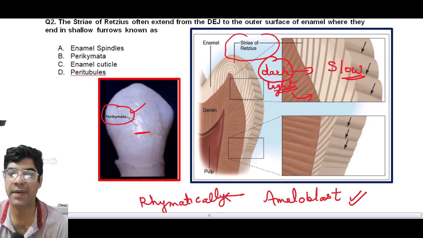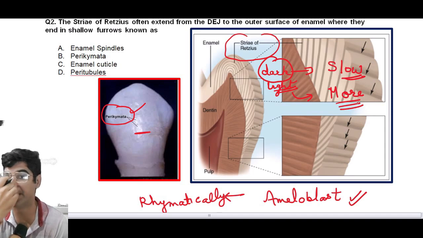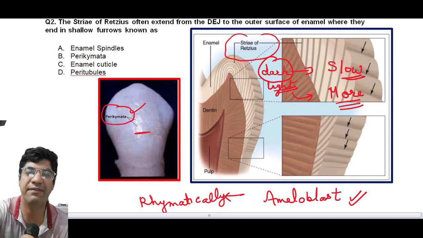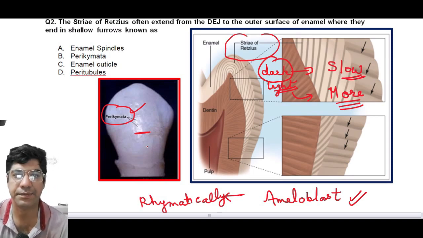The other are the light bands. They represent the period of more enamel formation, that is rapid enamel secretion. So this is when the ameloblasts are active, depositing the enamel protein.